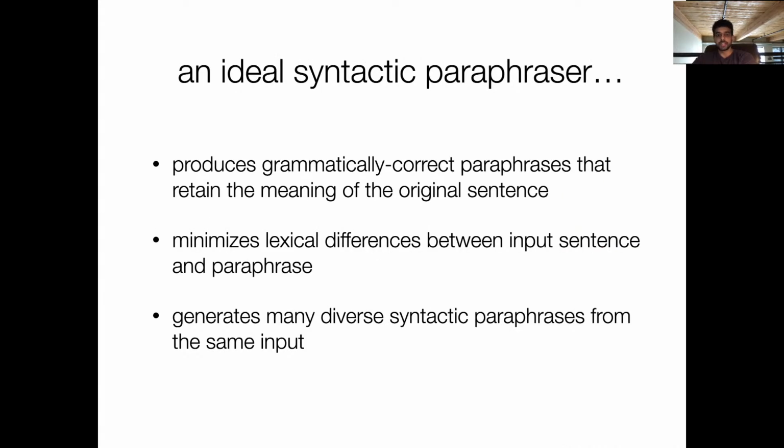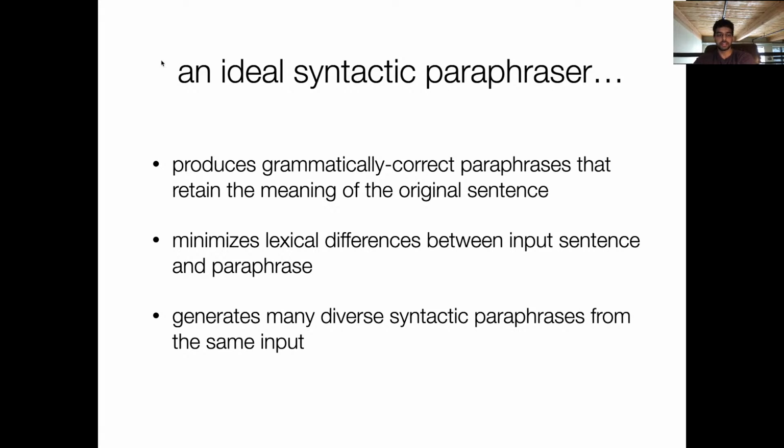So in paraphrase generation, we take an input sentence and we want to produce an output sentence that has the same semantic meaning as the input, but might have some sort of diversity, either lexically or syntactically or both. So what are the qualities of a paraphrase model that introduces some sort of syntactic diversity into these paraphrases?